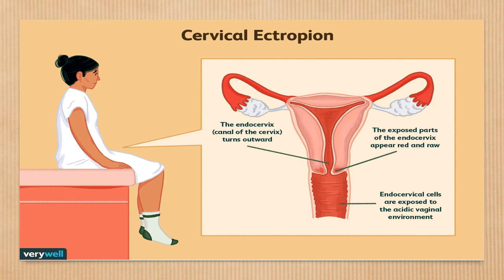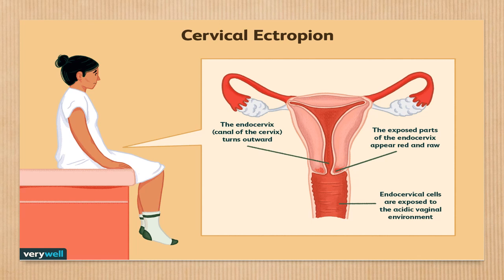It is turned outward in case of cervical ectropion. The exposed part of the endocervix appears red and raw, and endocervical cells are exposed to the acidic environment of the vagina. So that's why there is metaplasia.